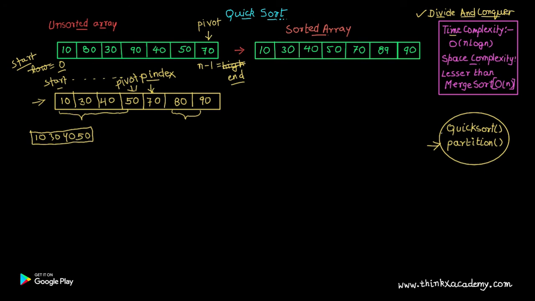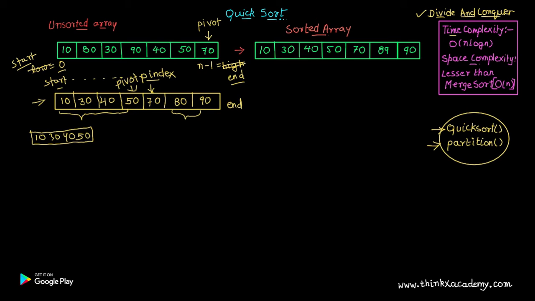First we will call the quicksort function on the start position till the p index position, and we will also call this quicksort function from the p index plus 1 position till the end position. So we are going to call this quicksort function on both of these parts of an array.